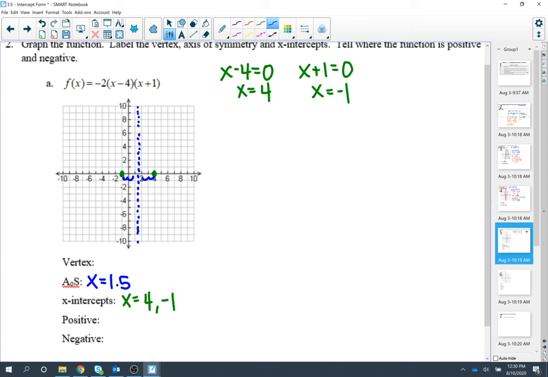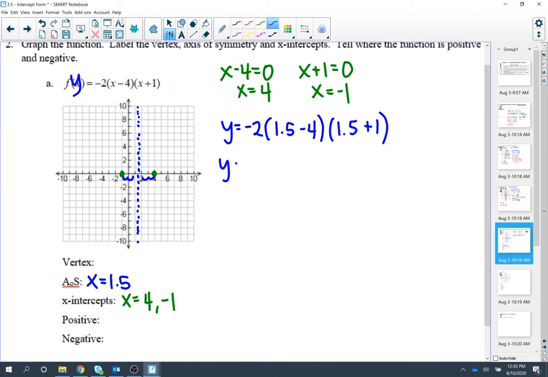So then in order to find where my vertex is, I'm going to substitute that back in. So y equals negative 2 times 1.5 minus 4 times 1.5 plus 1. I'm going to grab my calculator because sometimes I'm not that great with this.